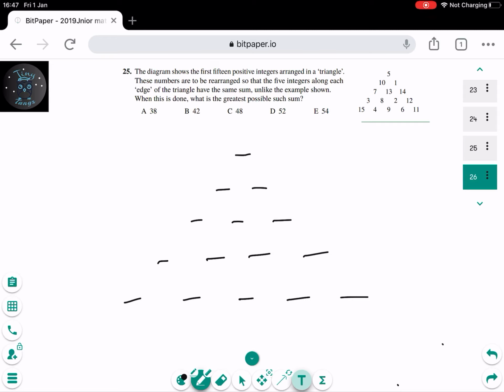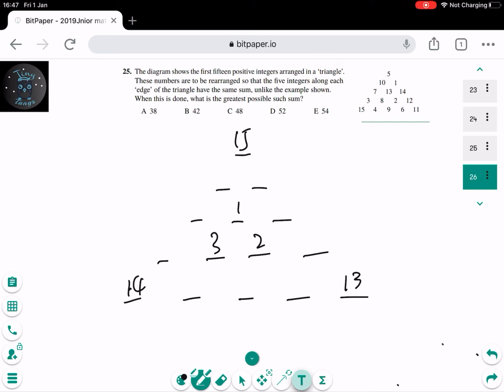Because we want this to be the largest, we can try 1, 2, and 3 in the middle. And what I did here was I put 15, 14, and 15, 13, and 14 here.